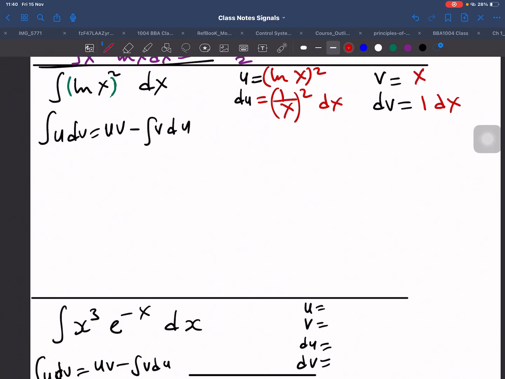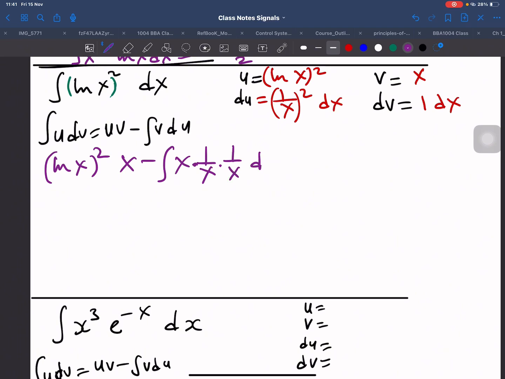So we're now going to add this into the parts formula. We have uv, that is x ln x squared, then minus the integral of v, which is x, and then du is 1 over x dx. I want to write it this way so that it becomes clear.